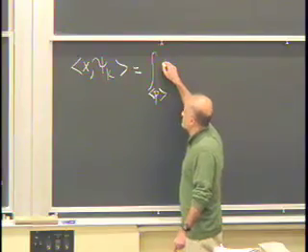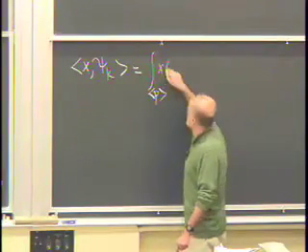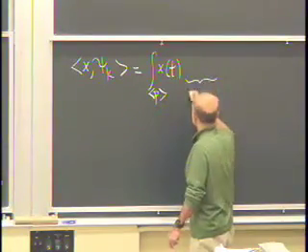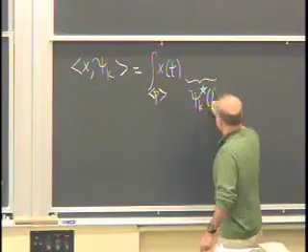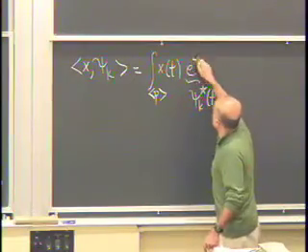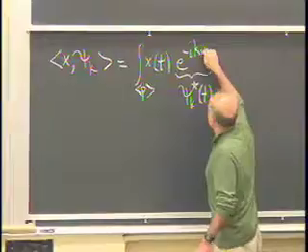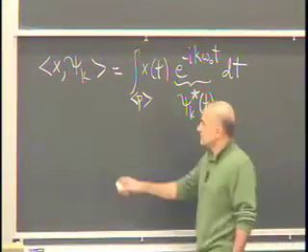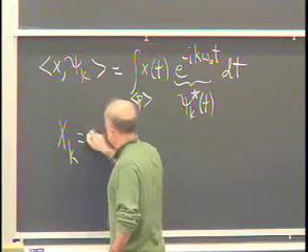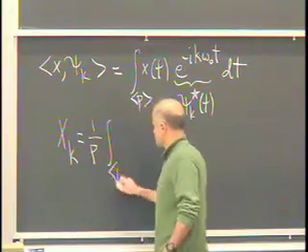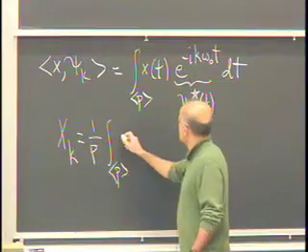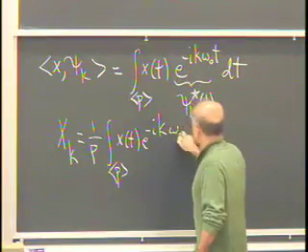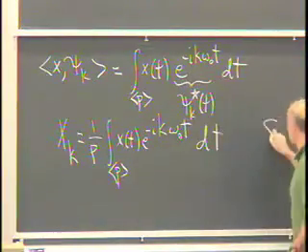Tell me how to fill this. x of t c_k star, which is what? e to the negative i k omega naught t dt. Okay? And now we have our equation, our analysis equation. It's 1 over p, integral over 1 period of x of t e to the minus i k omega naught t dt. And this is the analysis equation.